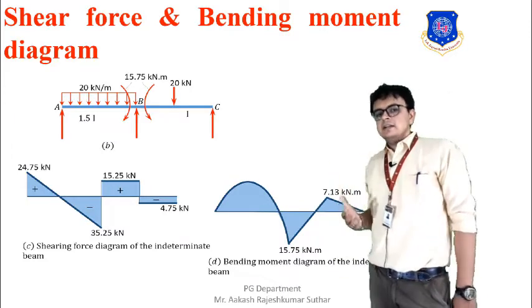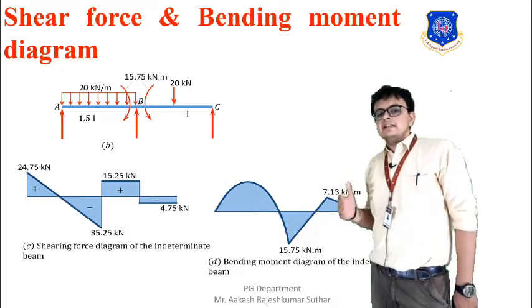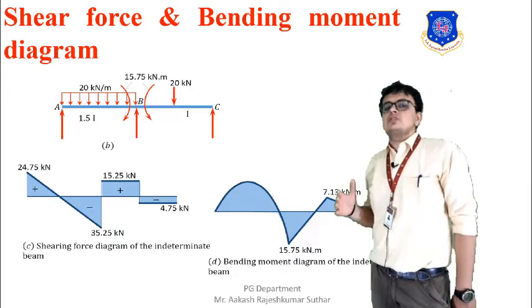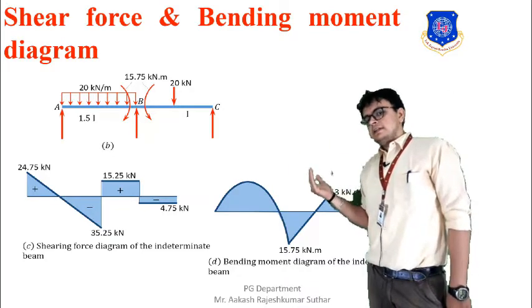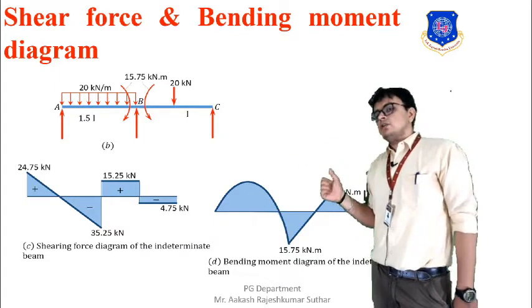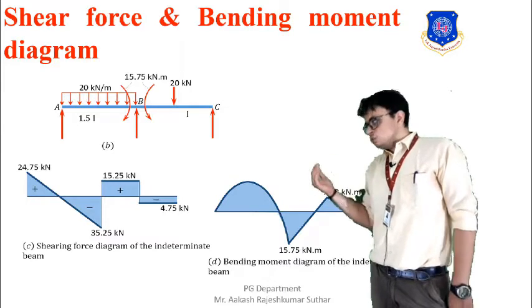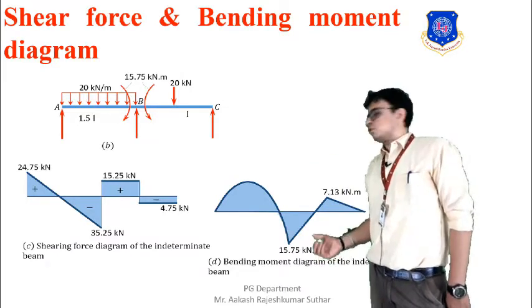The reaction at A we are getting is 24.75 kilonewton, and moving from A to B we find there is a UDL with load in the downward direction. So finally at joint B we will have 32.25 kilonewton.